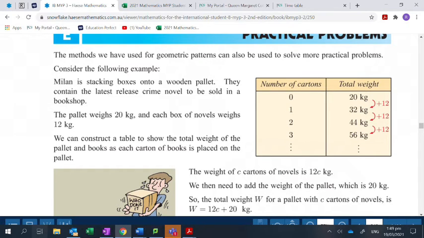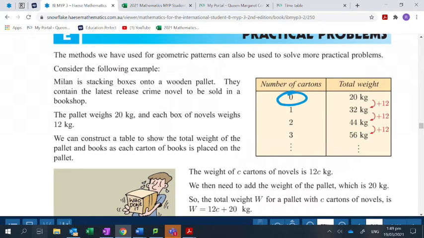Because that's simply the weight of the pallet, the thing he's stacking them on. So without putting any books on at all, the pallet itself already weighs 20 kilograms. And so that's why this number is 0. We're used to it being 1, but he hasn't put any on there, and the thing already weighs something, the pallet itself. So be careful with that.